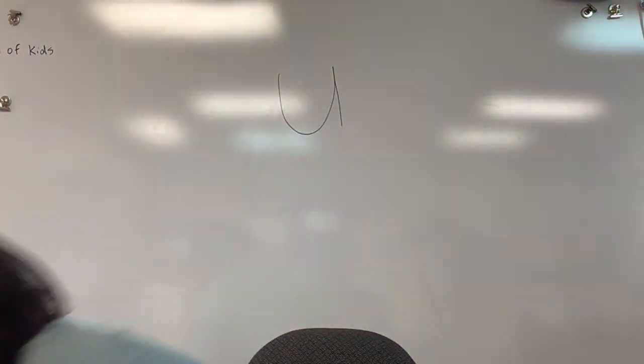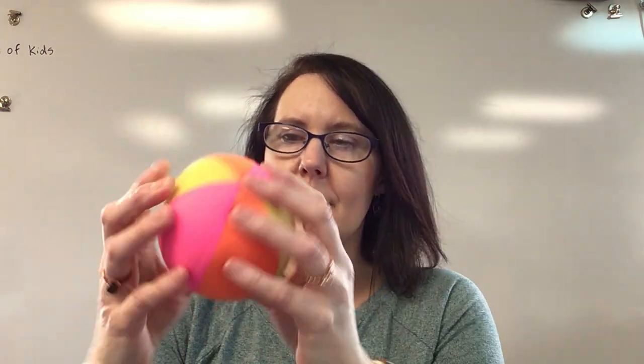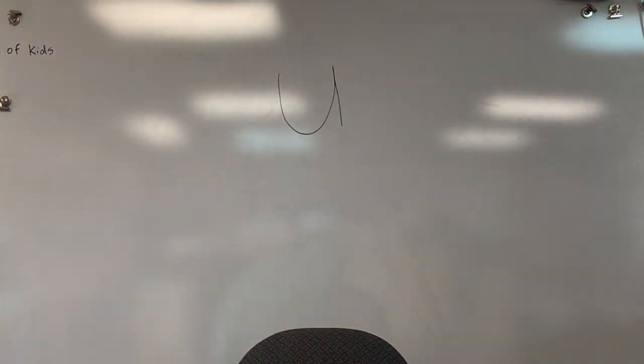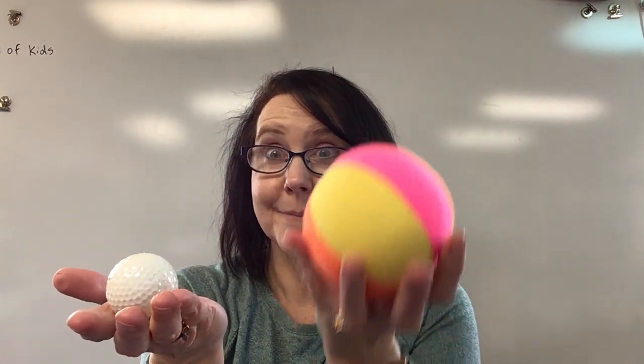Okay, let's see what other kinds of balls I have today. Here's another type of ball. This is just kind of a soft, squishy ball. It's lots of different colors. And let's see, which ball is bigger? This one is, isn't it? And this one's smaller. So far, this is the smallest ball we have, isn't it?